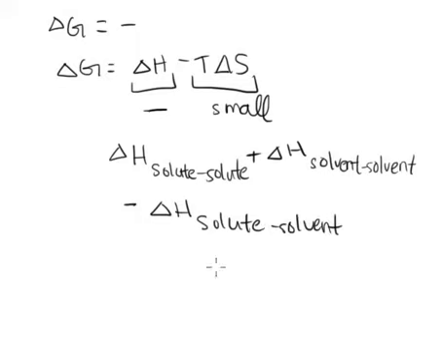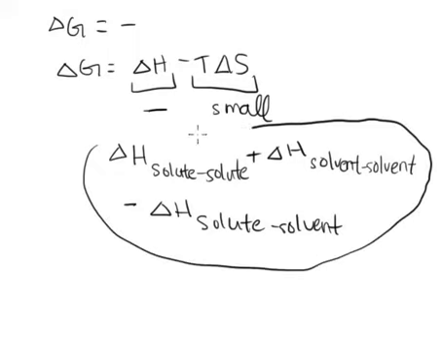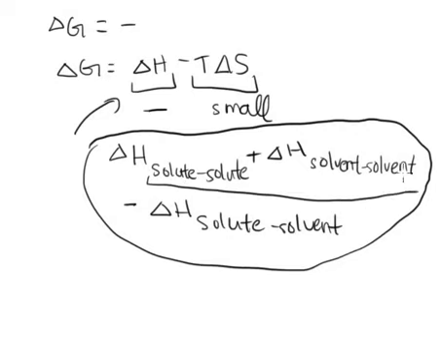So for this entire delta H up here to be negative, the solute-solvent interactions have to be greater than this. So the solute and solvent terms have to be small. So this has to be small, this has to be big.